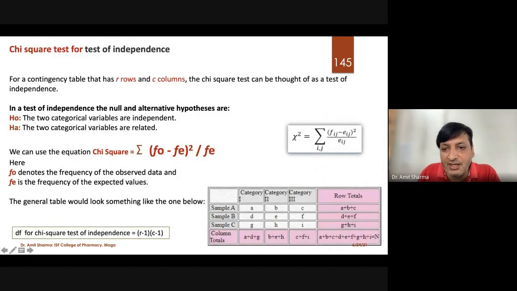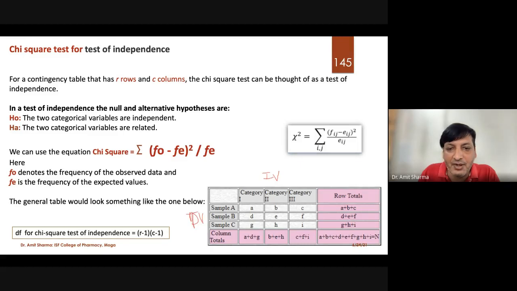Here you can see that this is the contingency table of 3 by 3. What does this 3 by 3 mean? This is our independent variable and this is our dependent variable. Sample ABC is the independent variable, obviously the sample we call the independent variable. So I'll write independent on this side.